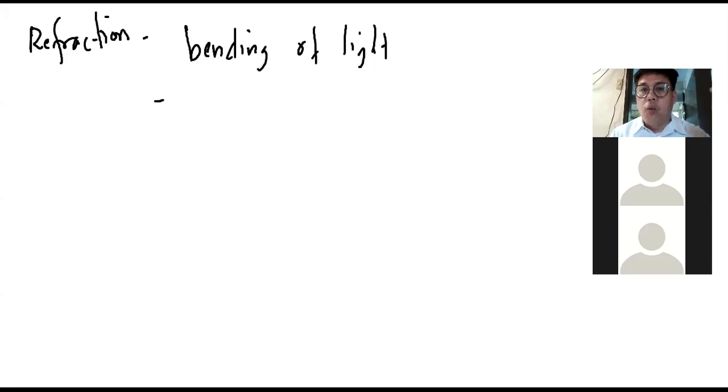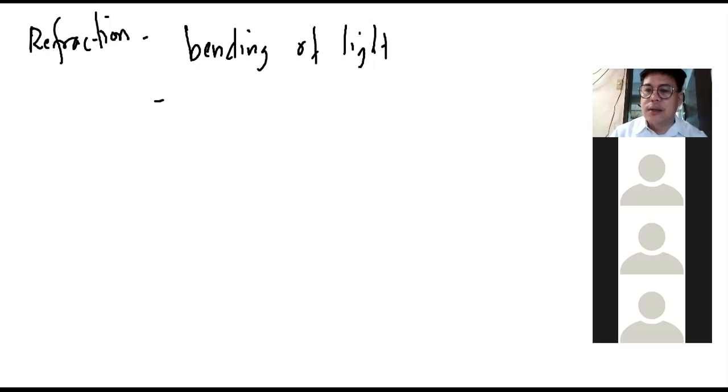Because one medium to another could have a difference in optical density. Just like your air and water, air has less optical density compared to water. That's why once your light wave moves from air into water, there will be a change in direction. So my question is, what is it in light that changes once it moves from one optical density medium into another? There is a change in speed, sir.